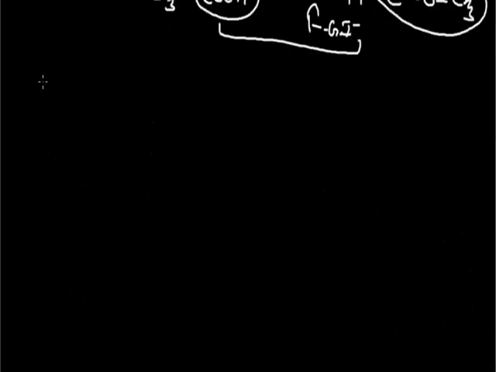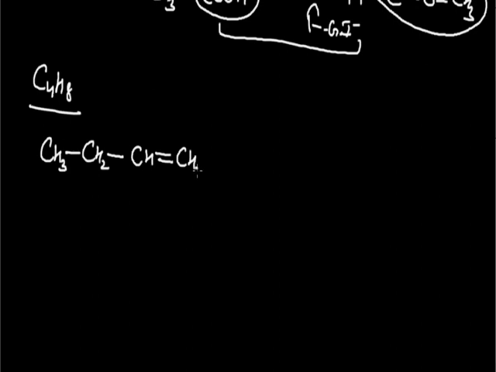We all know the general formula of an alkene, and if I write the molecular formula of an alkene with 4 carbon atoms, then the molecular formula will be C4H8. With this molecular formula, I can write the structural formula of an alkene, and if I write it as 1-butene, then the structural formula will be CH2=CH-CH2-CH3. Alkenes and cycloalkanes follow the same general formula.